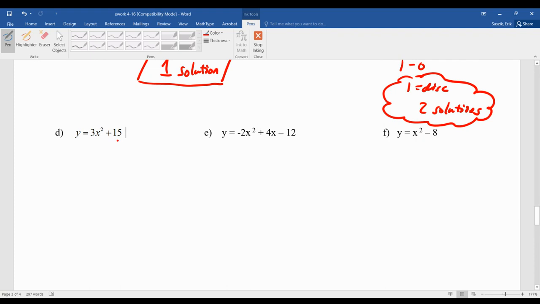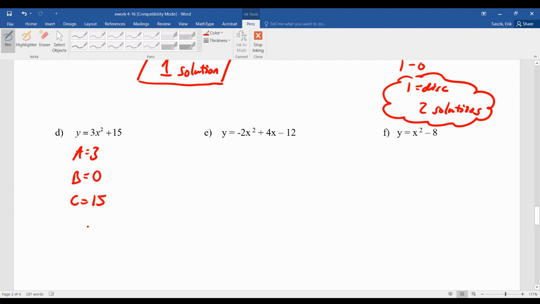See this one here, look at this. This is not a typo. A here is 3 because A is the coefficient in front of the x squared. B is the coefficient in front of the x. There is none. That's because the B is 0. And then, I should say C. C is 15.